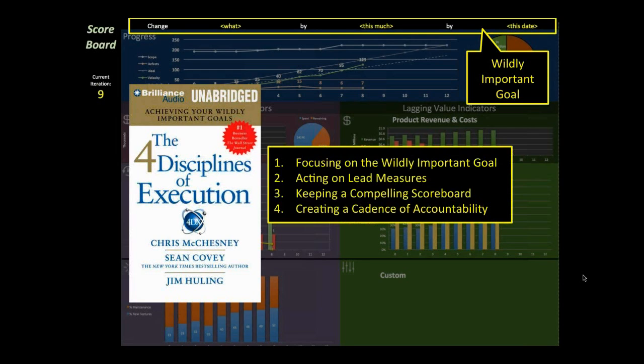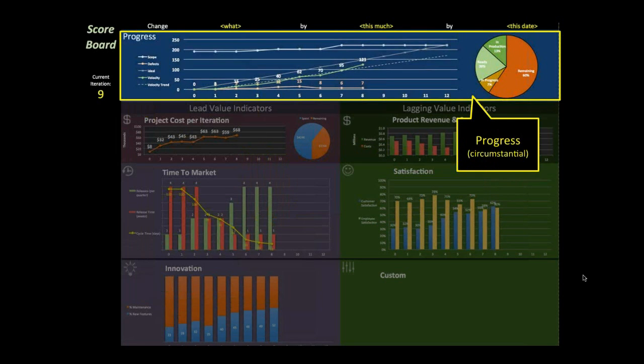And then acting on lead measures, which we'll talk about here, and was kind of brought up with the question as well. And then keeping a compelling scoreboard, which is what I was trying to build right there. The 4th one's a little out of scope for this, which is creating a cadence of accountability. But the first 3 really fit nicely with this talk and with this thing in particular.